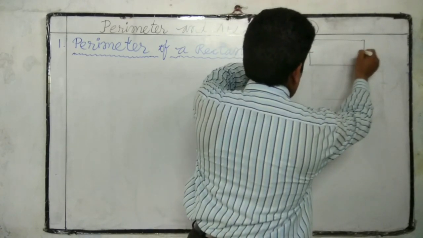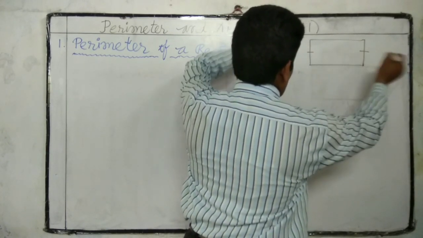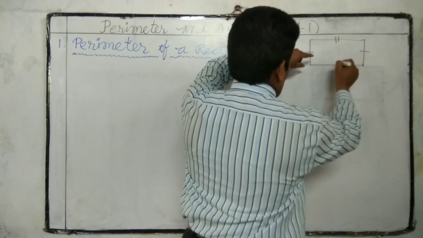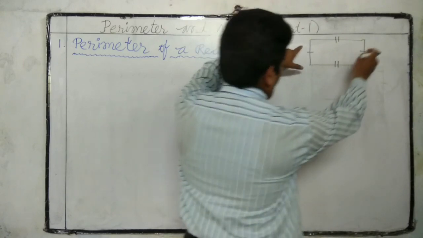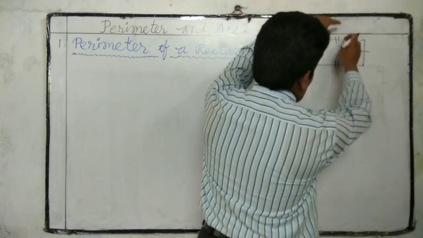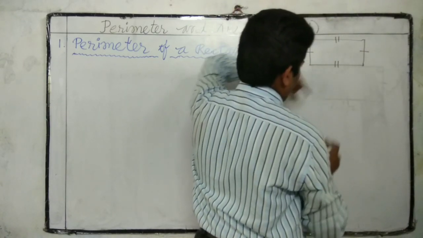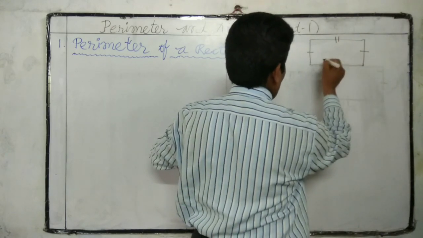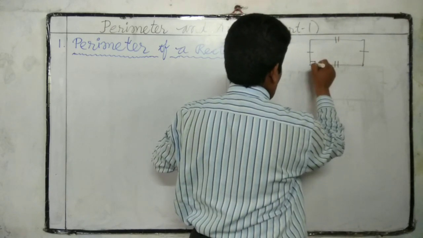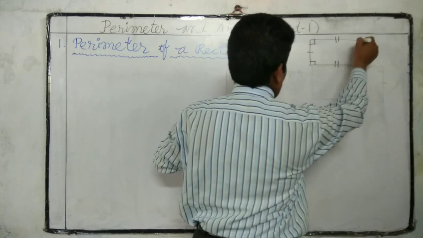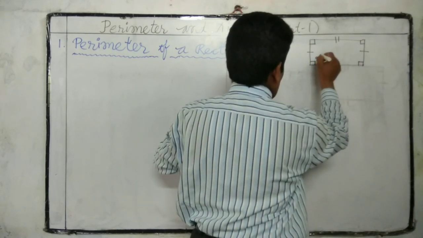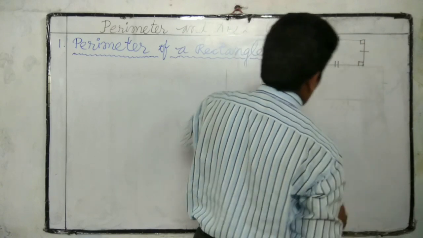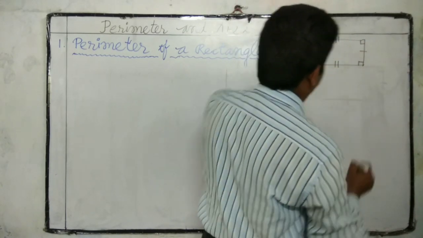Opposite sides equal. These are opposite sides. These also are opposite sides. This is one pair of opposite sides. This is another pair of opposite sides. Equal. And all angles are equal. Each and every angle is 90 degrees.